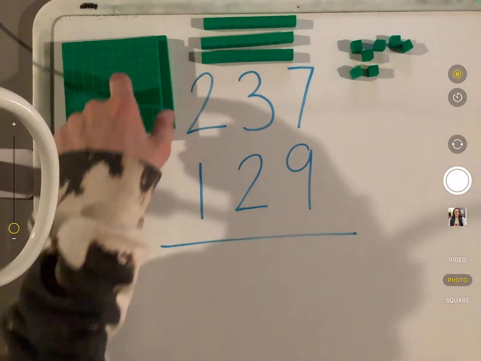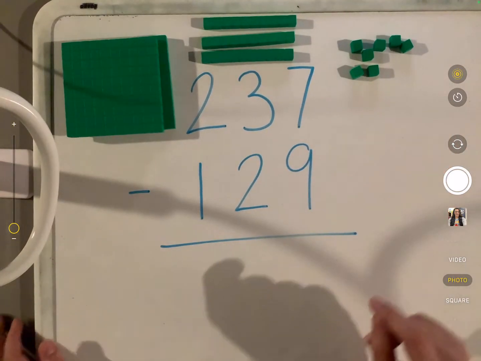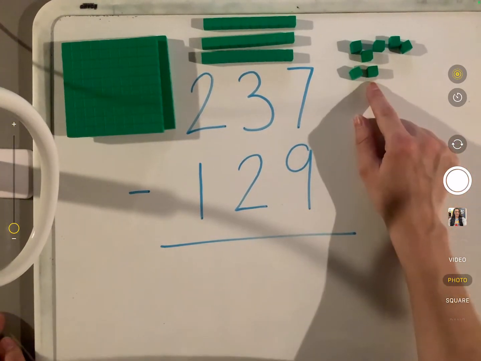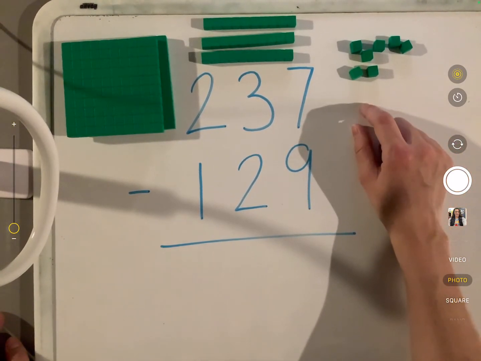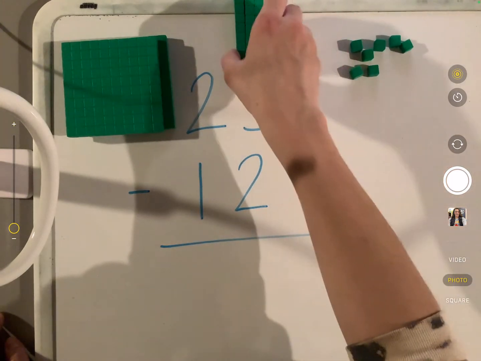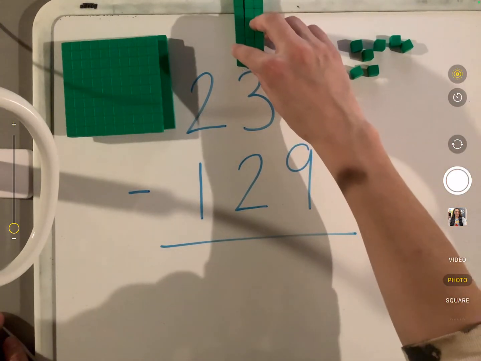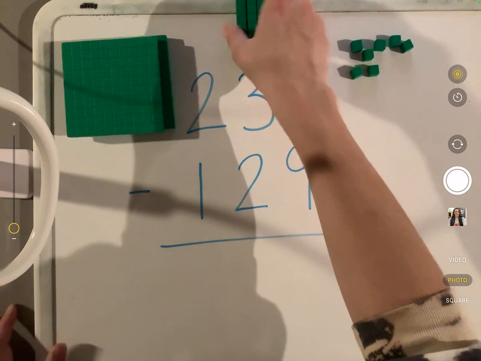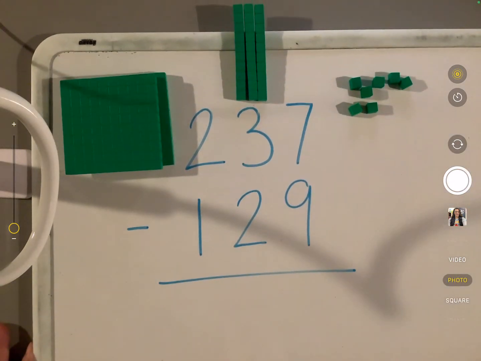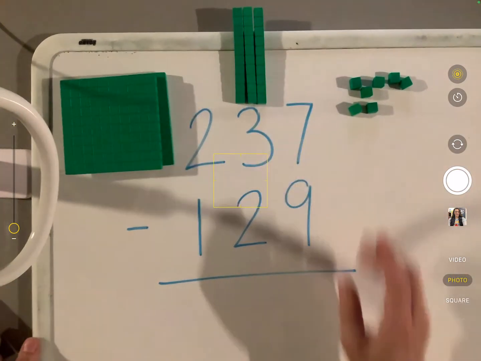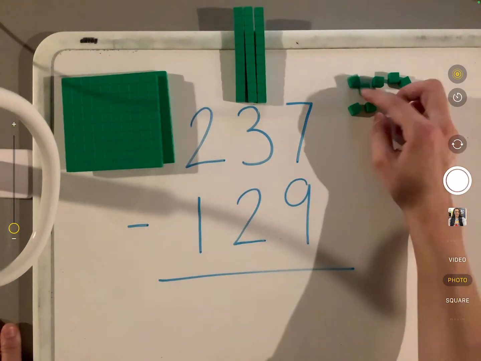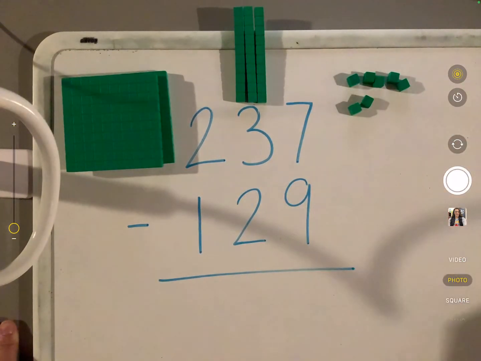So I have 237. All right, so first I take my ones, and I want to take away 9 from this 7.